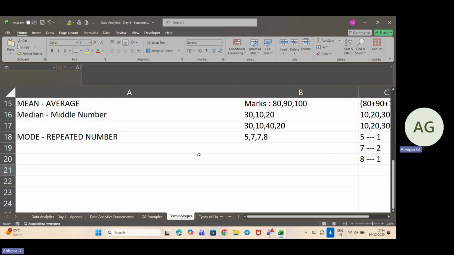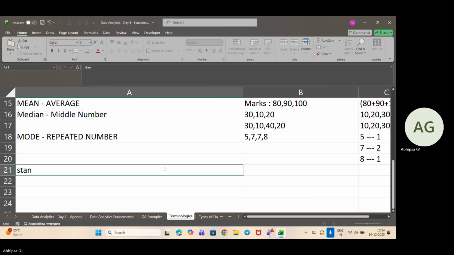Now we have the standard deviation that we need to calculate. Okay, so what is standard deviation? Standard deviation tells how spread out my numbers are. Let's check it accordingly.